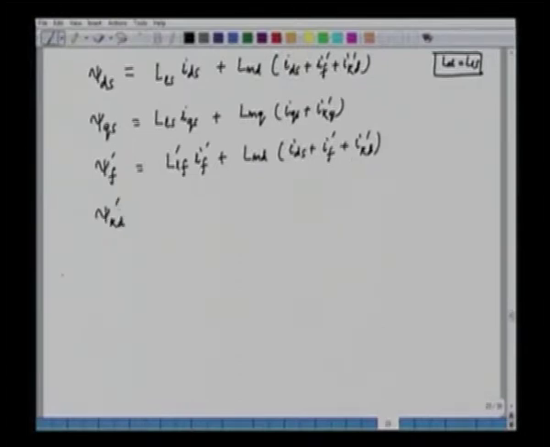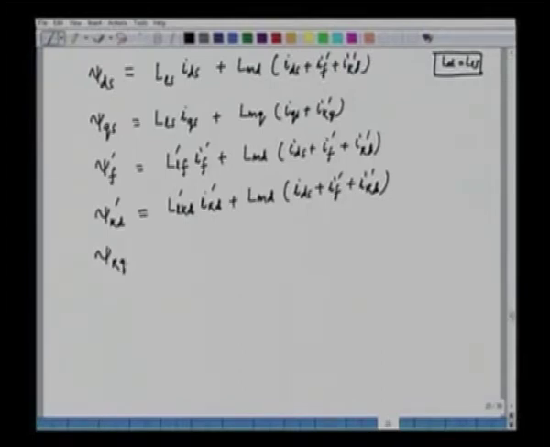The damper winding flux linkage seen from the primary side is equal to LKD prime IKD prime plus LMD into IDS plus IF prime plus IKD prime.